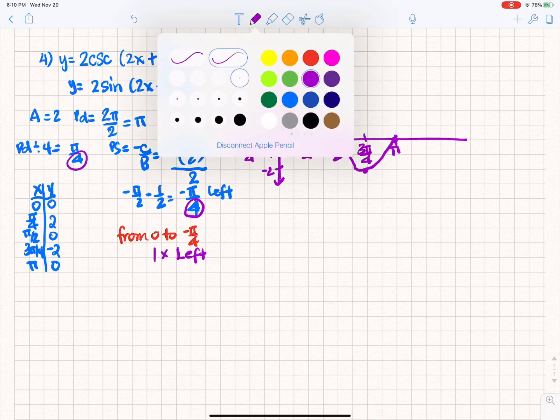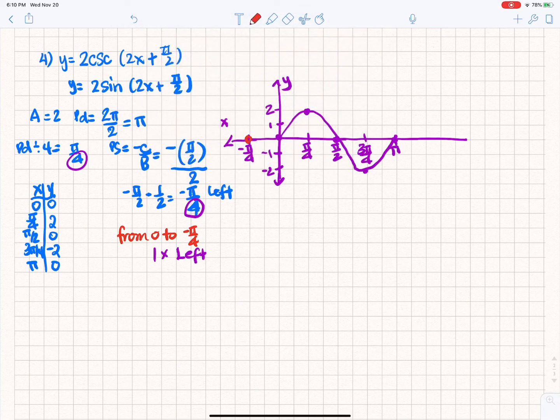Let me color code that. Actually, I'm shifting 2 times because I'm skipping every other label. Then go ahead and shift the graph.